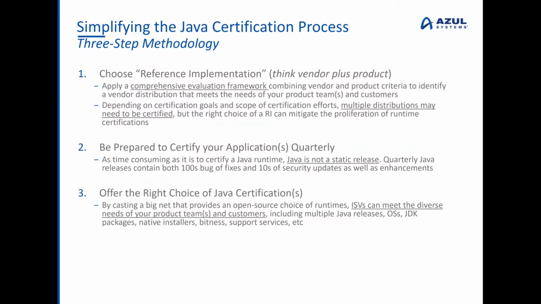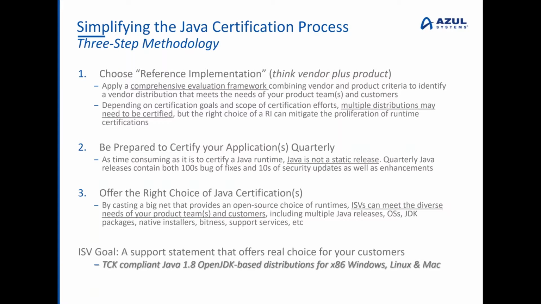So a 3-step process here: pick a reference implementation, be prepared to certify, and think about all the choices that are going to be needed that would affect the Java certification. So a goal that I often ask ISVs to aspire to is, again, think about casting a big net. Don't just think that when you pick a reference implementation, that's the only version of Java you're going to support.